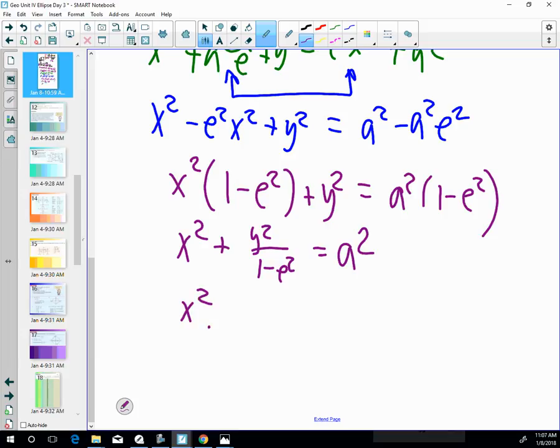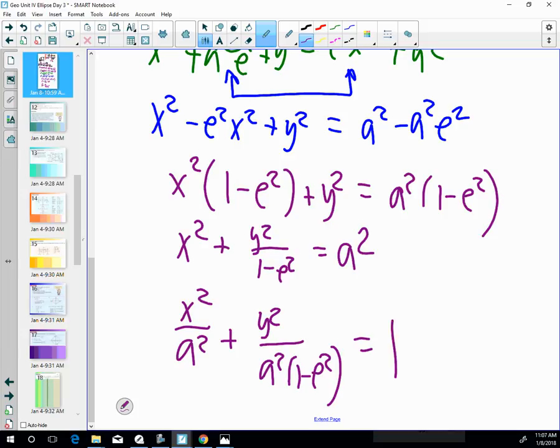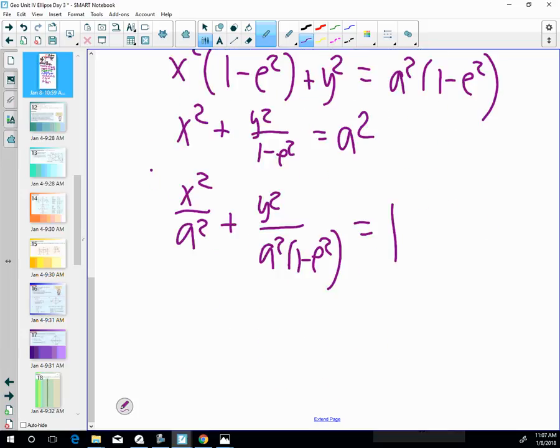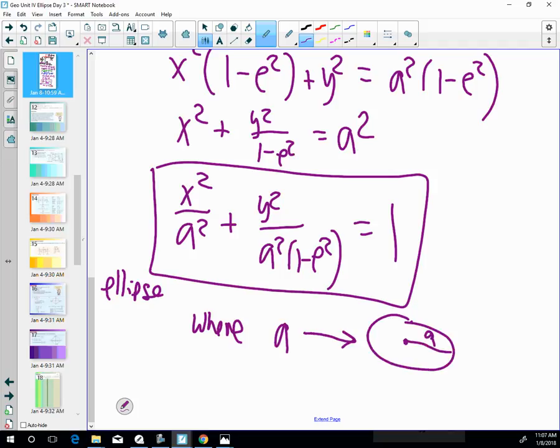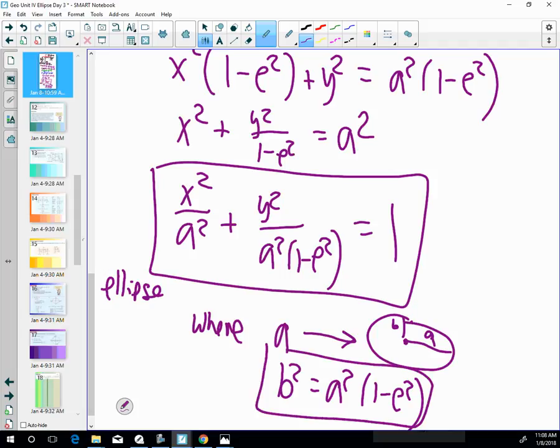So you get X squared over A squared plus Y squared over A squared times 1 minus E squared equals 1. And this is the equation of an ellipse where A is the major axis and B squared is equal to A squared times 1 minus E squared, which means B is going to be the minor axis. But this is the equation for an ellipse.